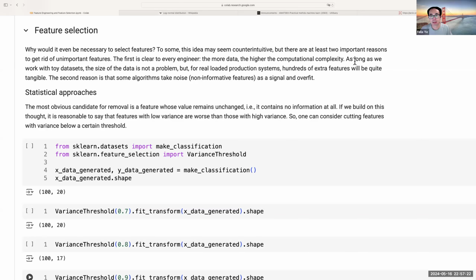If we just work on a toy data set, the size of data probably is not a problem. But in a real data set, hundreds of extra features will be quite tangible. 1,800 features is way too much to be handled, and it would be almost impossible to build a decision tree on that kind of problem.